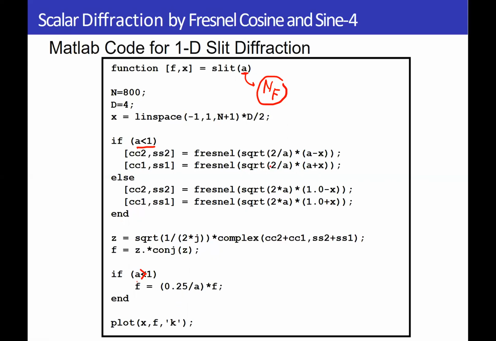And then we get this term, and then we get the complex conjugate, and its absolute magnitude is going to be our intensity. So basically, it gives you the intensity plot.